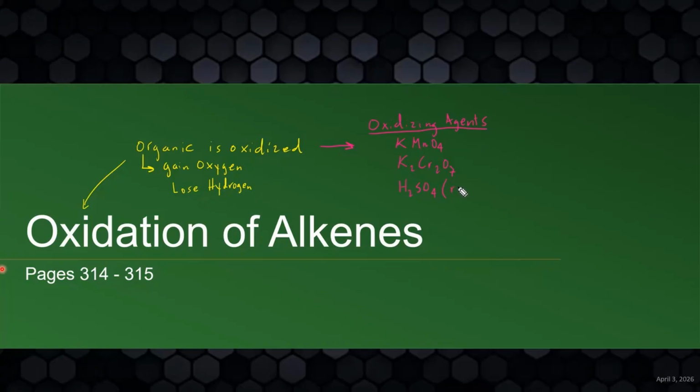So this is more rare. But if you see potassium permanganate or potassium dichromate in a reaction, automatically you know that reaction is an oxidation reaction. So do keep that in mind.